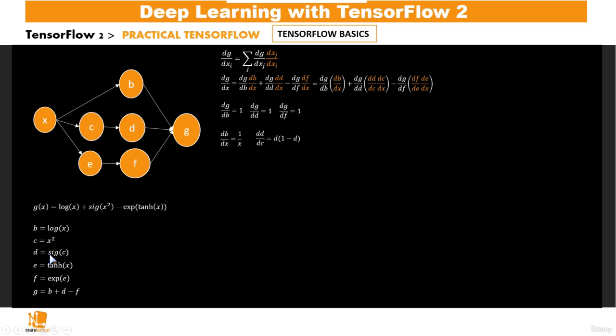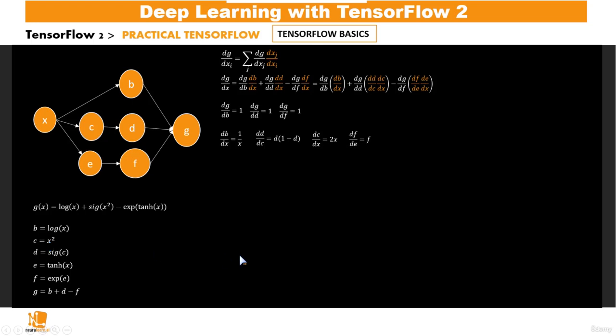Recall that when you derive the sigmoid function, it is simply y times 1 minus y. In this case, our y is d, so we have d into 1 minus d. So it's actually sigmoid into 1 minus sigmoid, and since sigmoid of c is d, we just maintain d here. And then we have dc on dx, which is 2x. That's very easy to see.